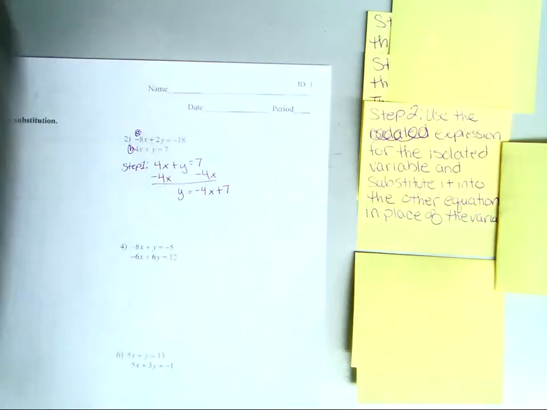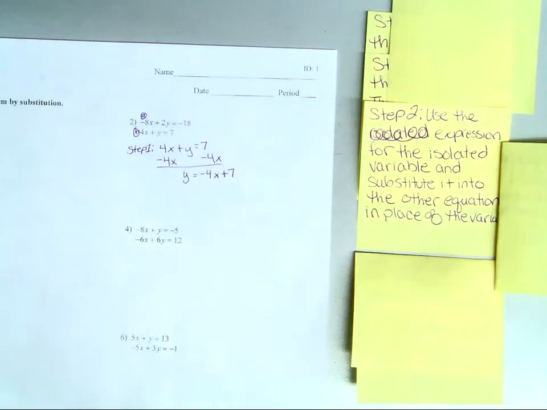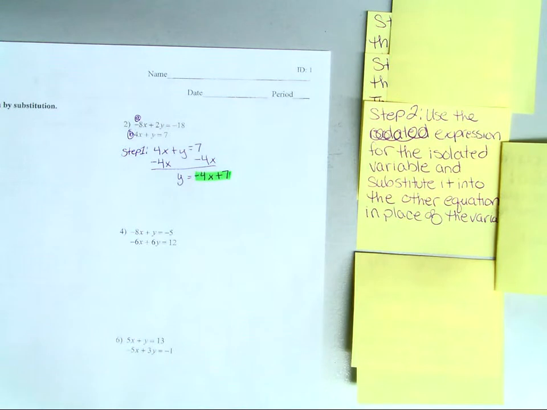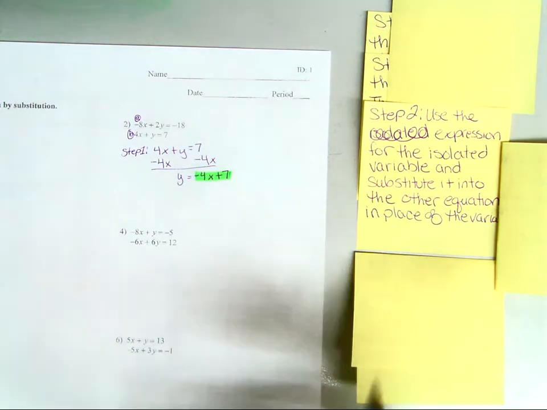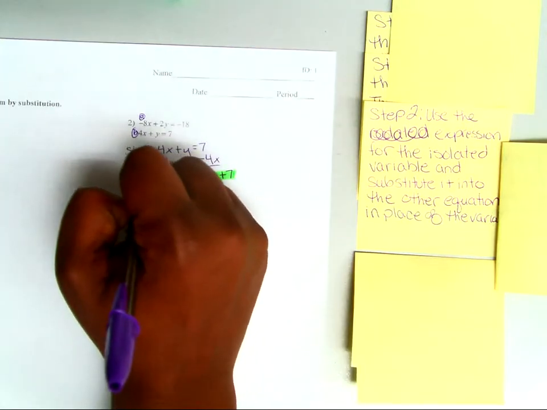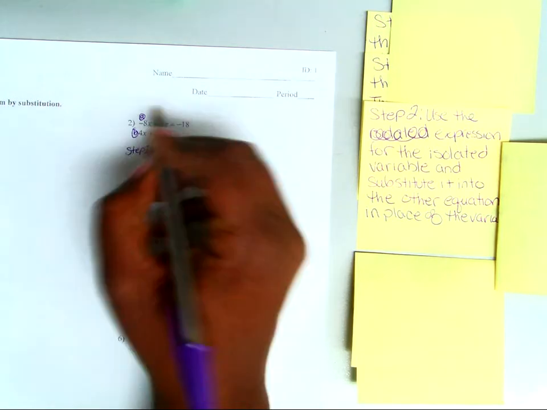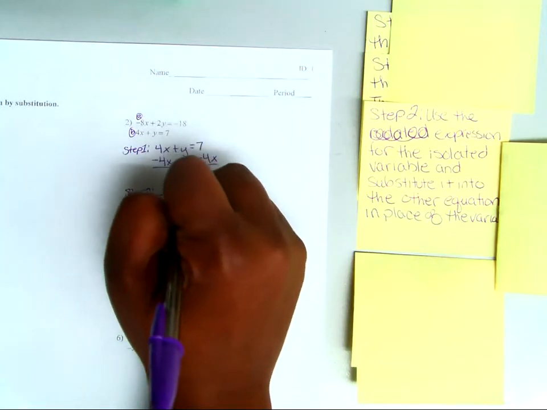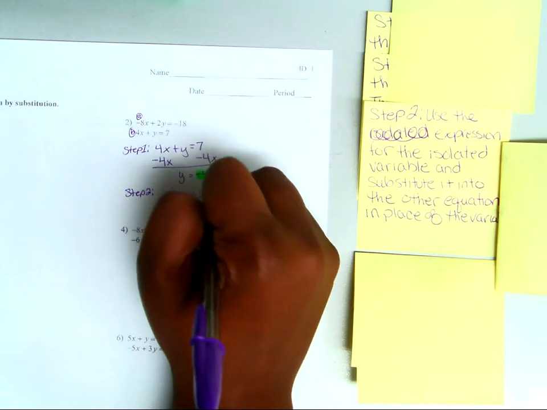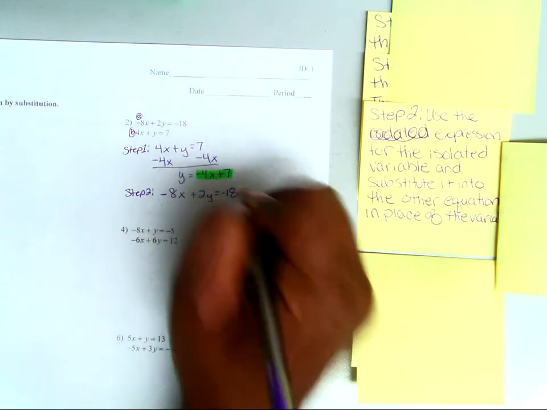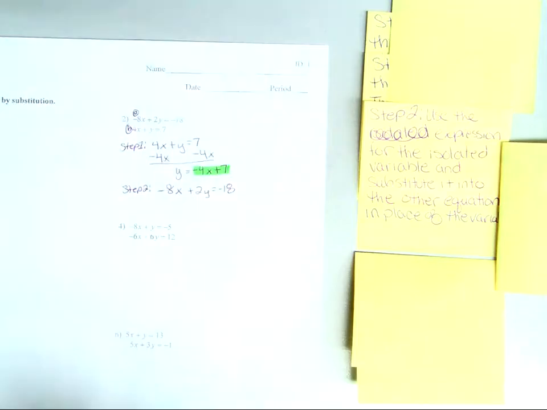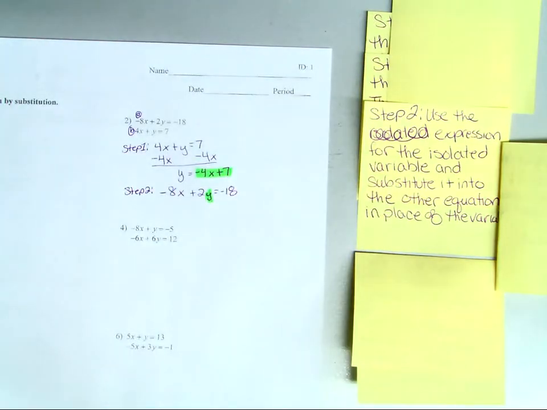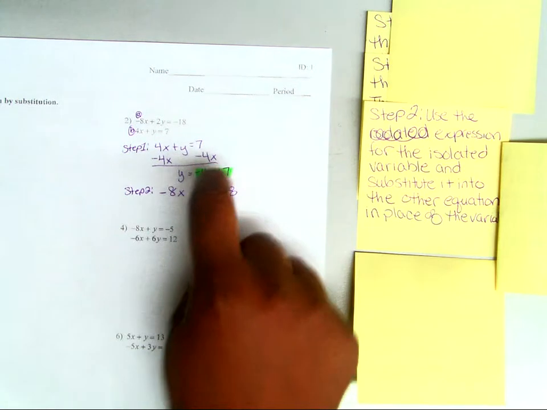That means I'm going to use this, that's the expression, and wherever I see a y in my A equation, so negative 8x plus 2y equals negative 18, wherever I see a y, I'm going to write everything that I have in green up here.